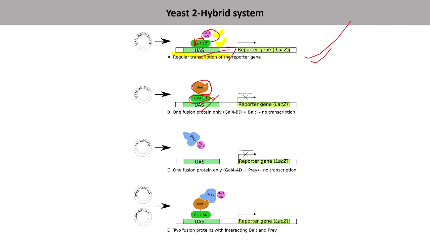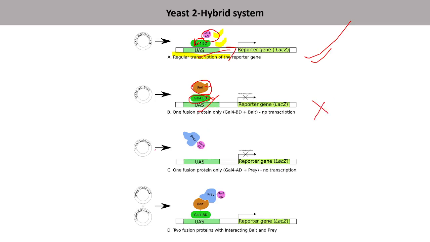Bait is the protein of interest which is linked with the binding domain, and prey is the protein we want to study to see whether they interact or not. Now we have not provided the activating domain. Since there is no activating domain, nothing will come and bind with this, and therefore the transcription will not happen.